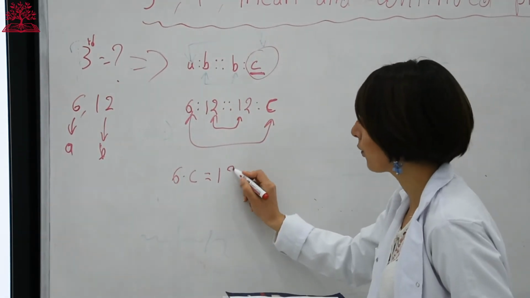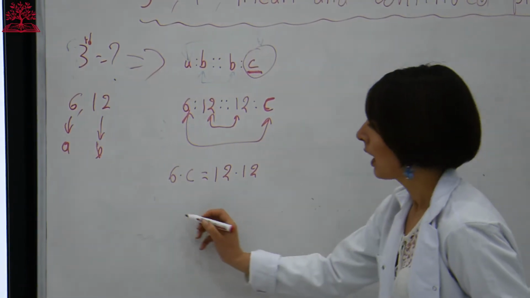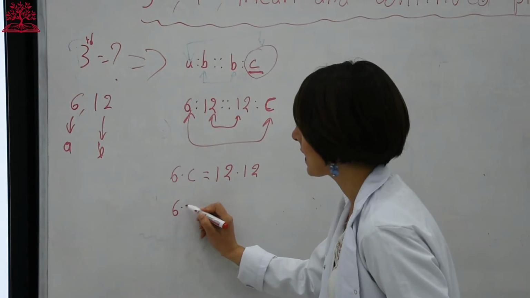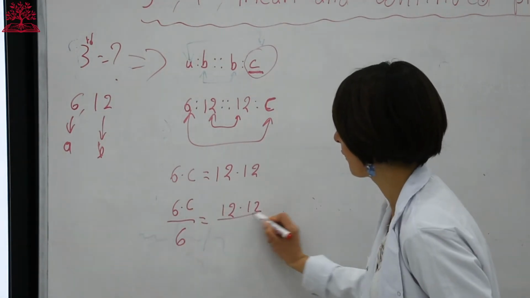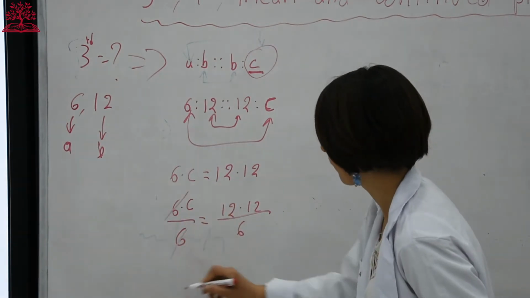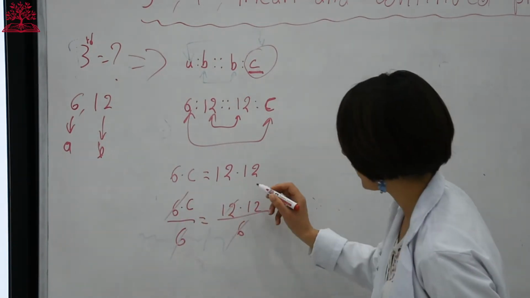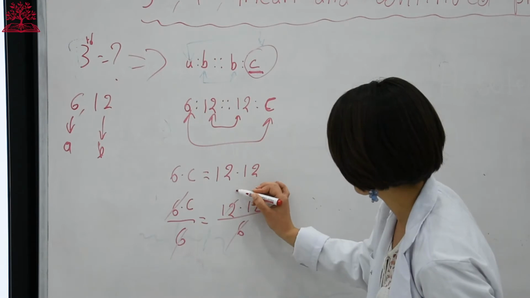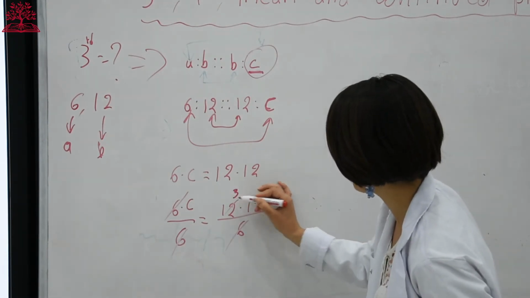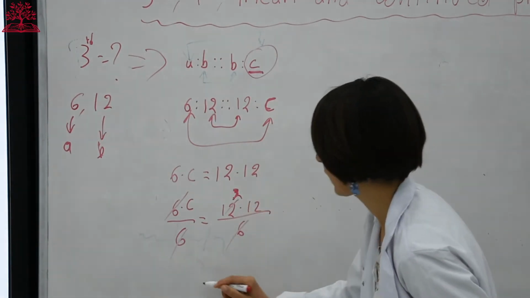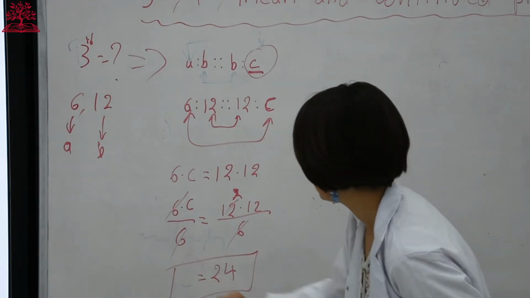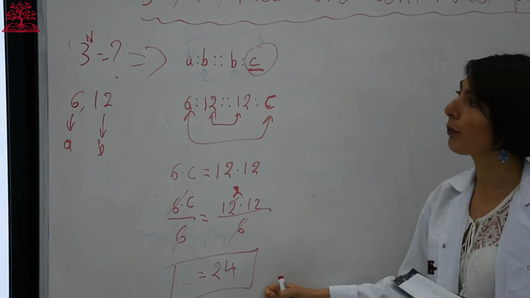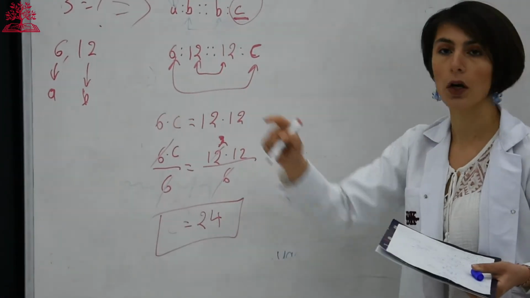So it's 12 times 12. I can divide by 6 in this case. And here is just 2. And C equals 24. This is my third proportional in the exercise number 1.